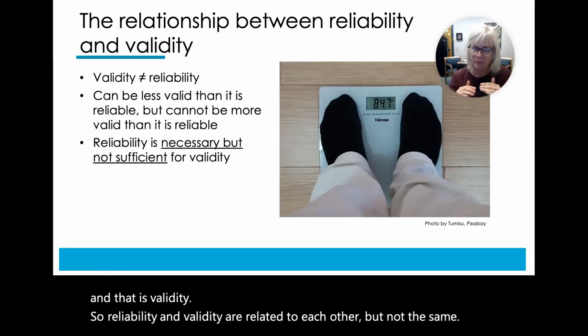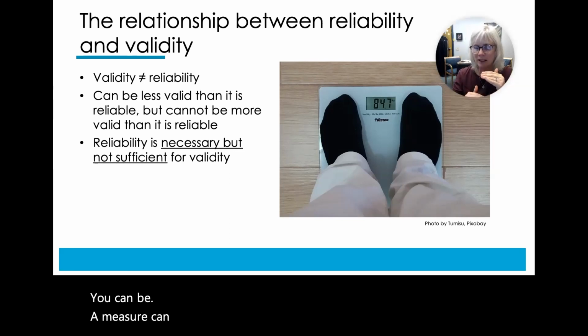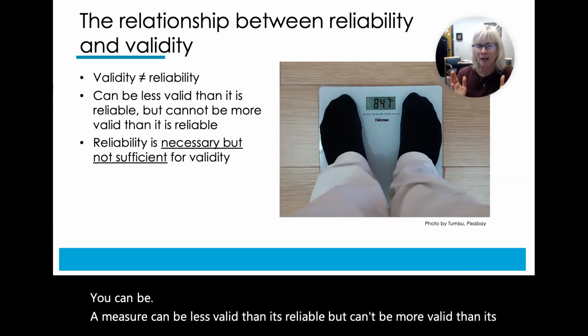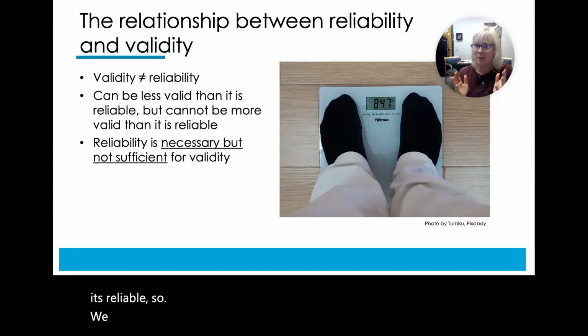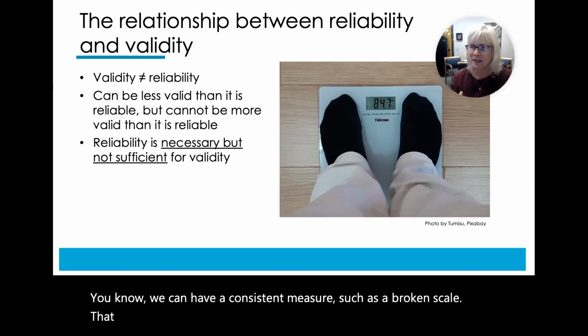A measure can be less valid than it's reliable, but can't be more valid than it's reliable. So we can have a consistent measure, such as a broken scale that consistently says I weigh 84.7 pounds.